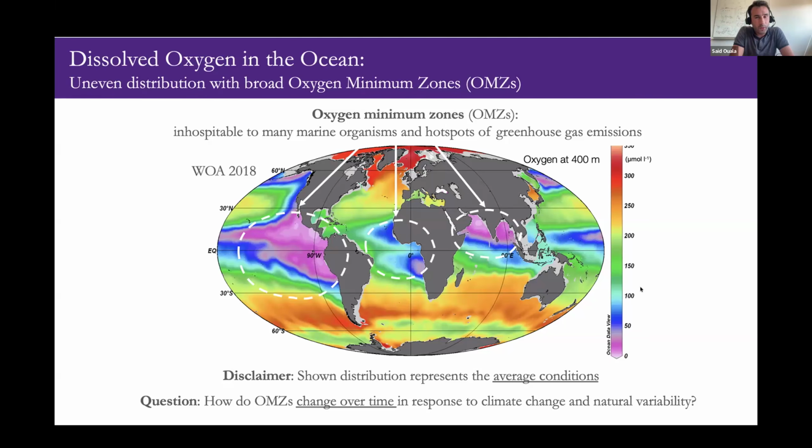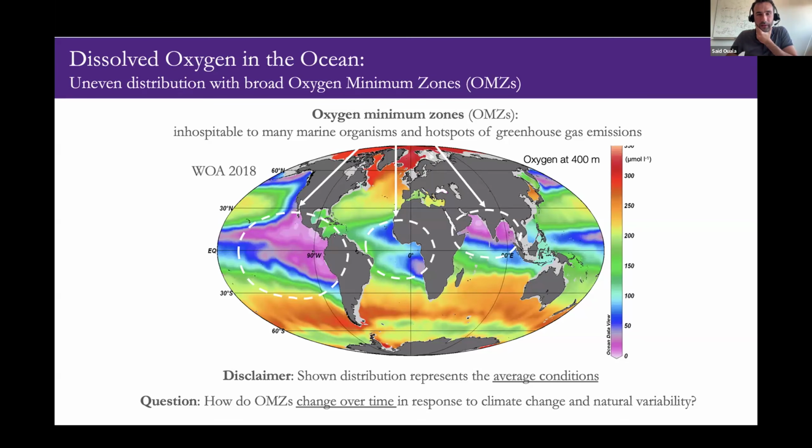The motivation for this work is that we were interested in studying oxygen minimum zones, and for those that are not familiar with these, oxygen minimum zones are regions in the ocean with very low oxygen concentration. In some regions, it can be even very close to zero. Those oxygen minimum zones are important for all sorts of things.